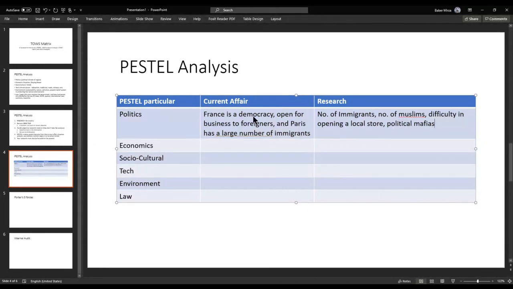So number of immigrants, number of Muslims. Difficulty in opening a local store, political mafias, issues, but this is more than enough for me to get started.